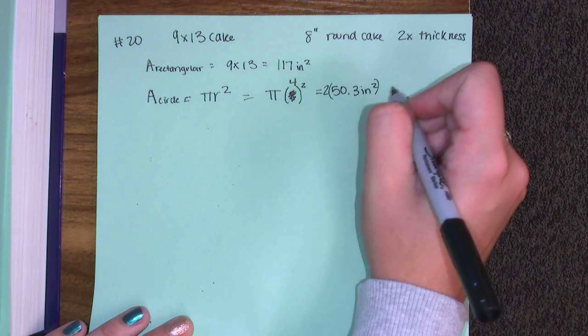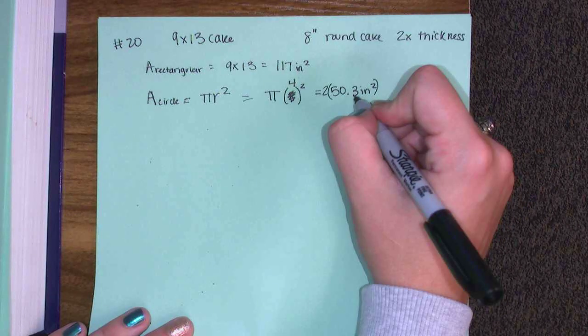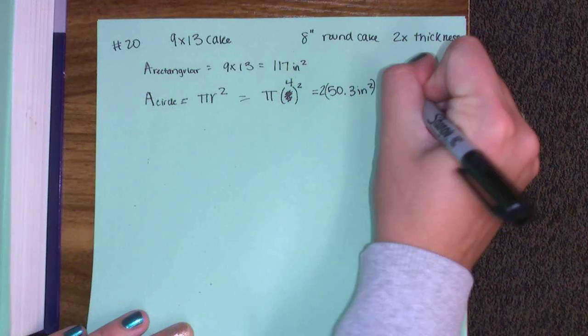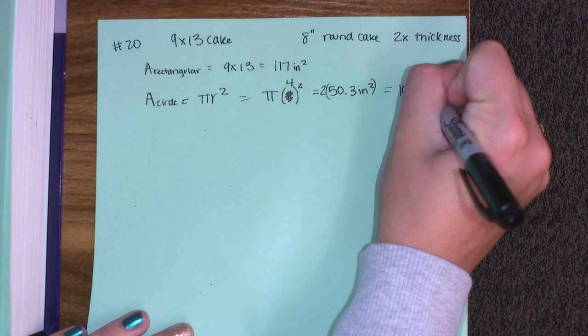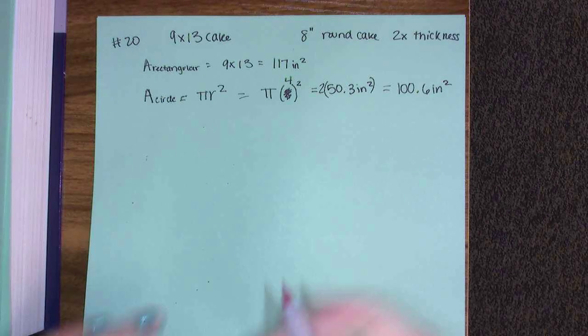Wouldn't it be like 100.6? Oh, I guess you used whatever number was already there. Okay, so the best cake for the money is the rectangular cake.